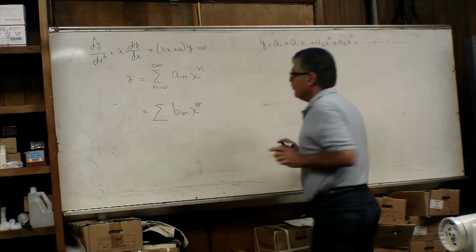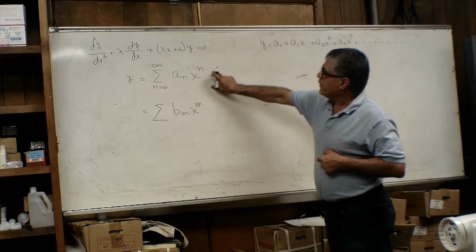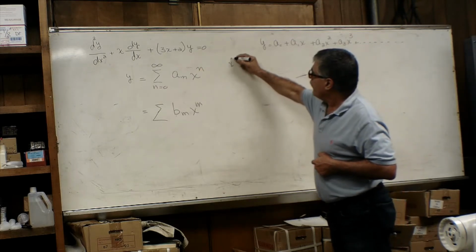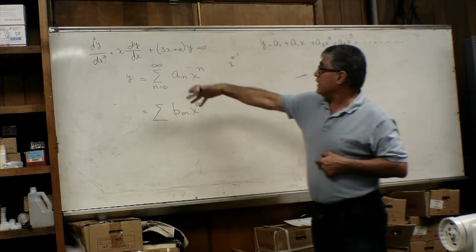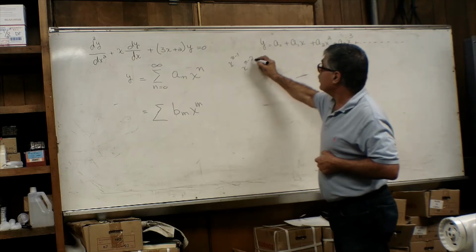What does that mean? Once we get the first derivative, we are going to have x to the power n minus 1, and for the second derivative, x to the power n minus 2.